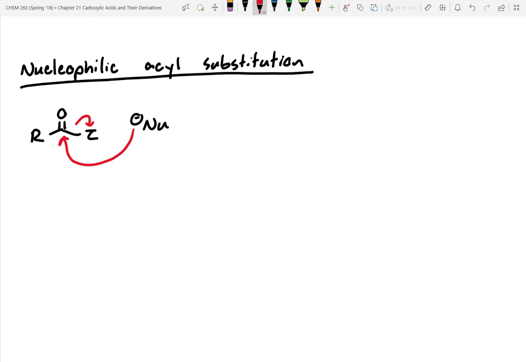Why won't that work? What do you remember about SN2 chemistry? It only works on sp3 hybridized carbons, right? So this doesn't work using this arrow pushing scheme. However, what we can do is instead of immediately kicking it off, let's just dump those electrons up to oxygen first.